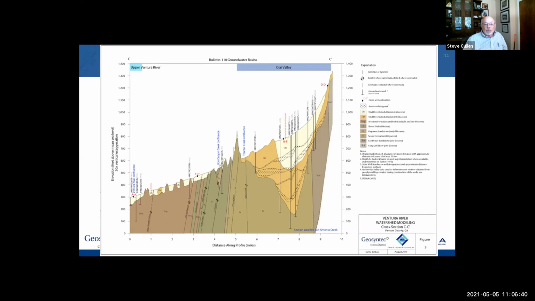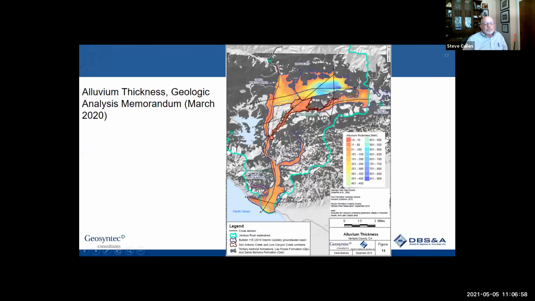This previous mapping was updated based on newly received well logs. The geophysical log analysis at that time also identified the presence of aquifers and semi-confining units within the Ojai Valley Basin.